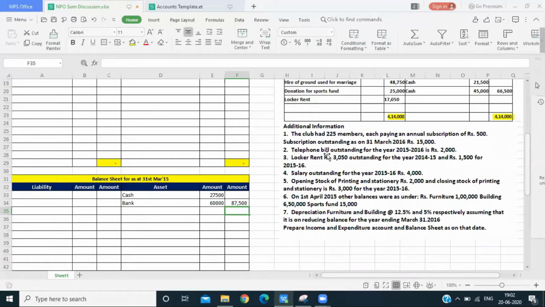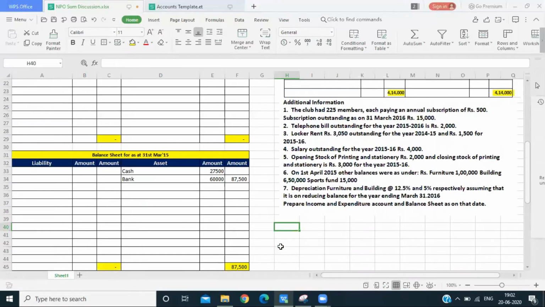But there is an adjustment given here. The club has overall 225 members, each paying an annual subscription of 500. So we will do a small calculation in order to find the value of subscription for the current year.